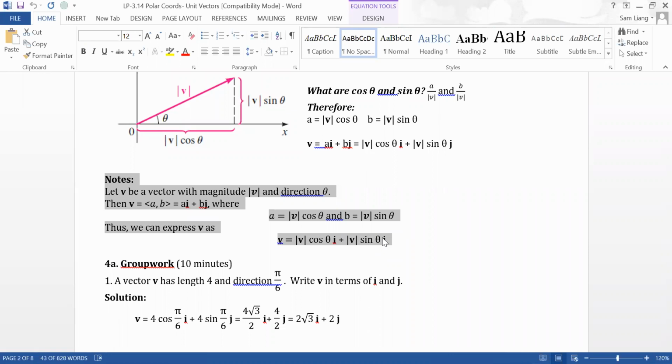You can speak up or type in the chat. Okay. If not, then I'll move on.